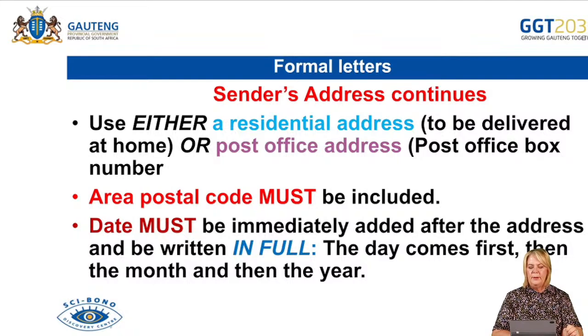The date must be immediately added after the address and it must be written in full. The day comes first, then the month, and then the year. In other words, not the mathematical one, 2024/02/12, but 12 February 2024.